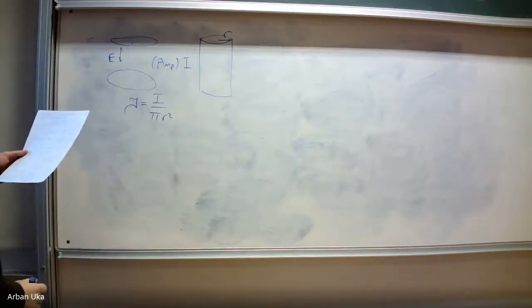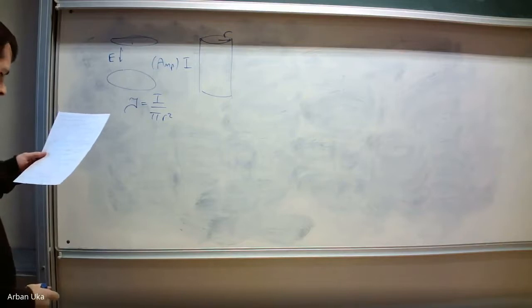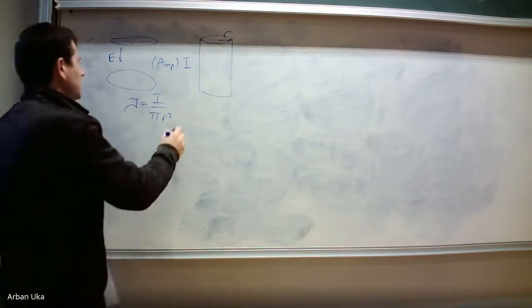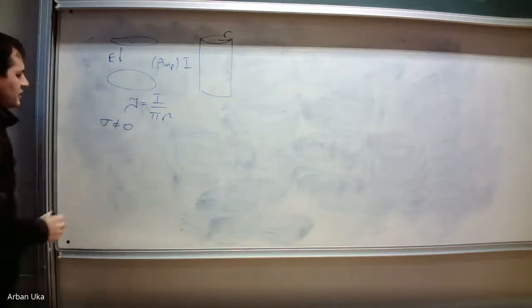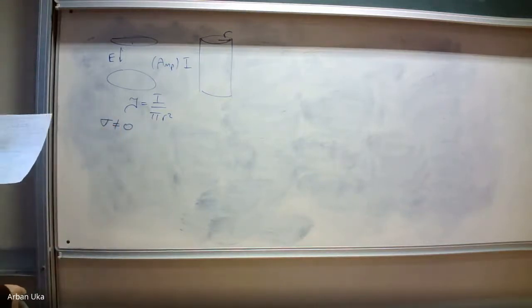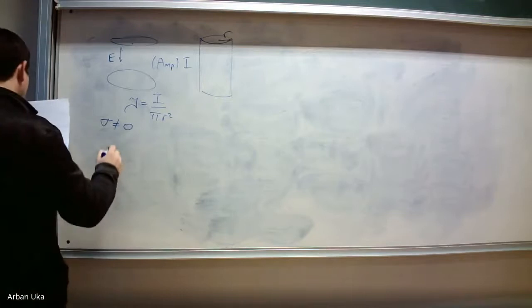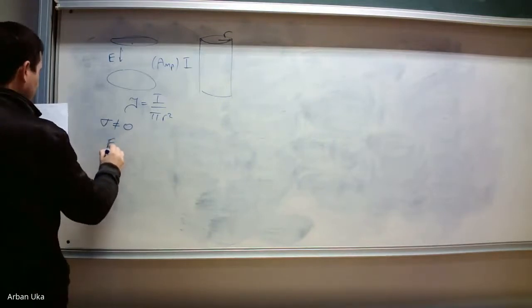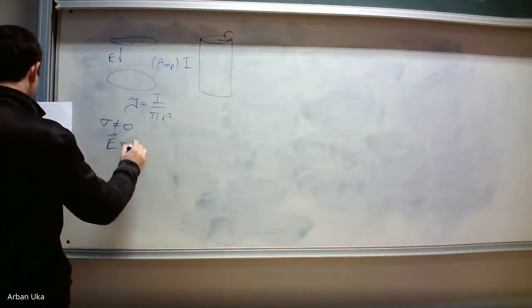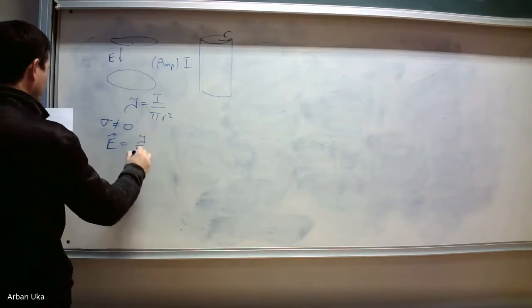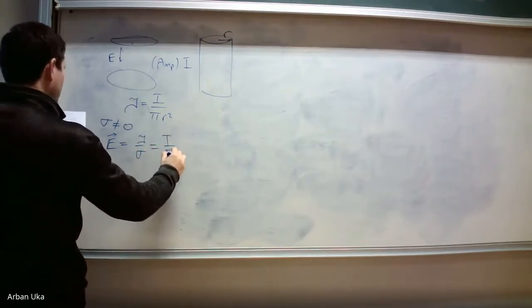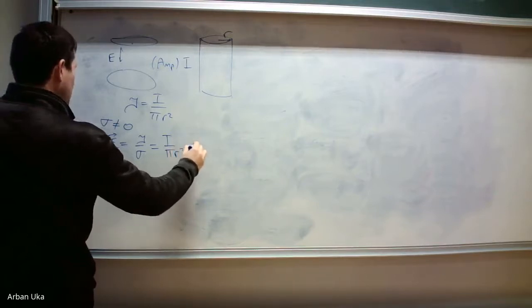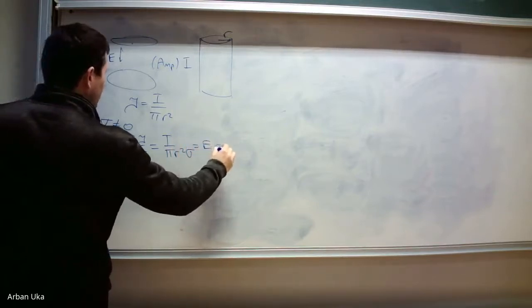The wire also has a conductivity sigma, different from 0. And we can find that the electric field is equal to J over sigma, which is I over pi r squared over sigma, and this is E AZ.